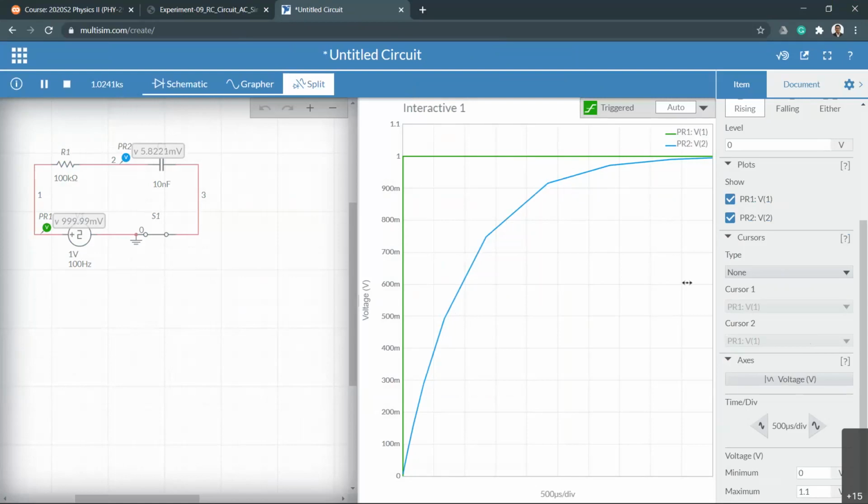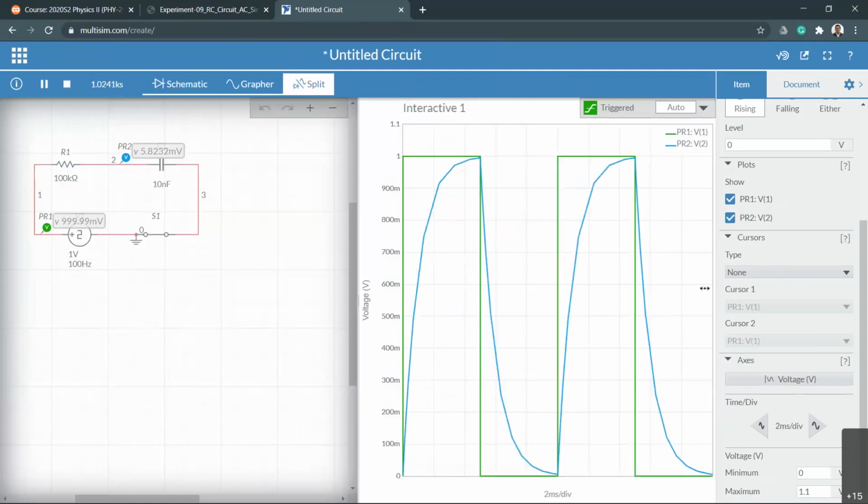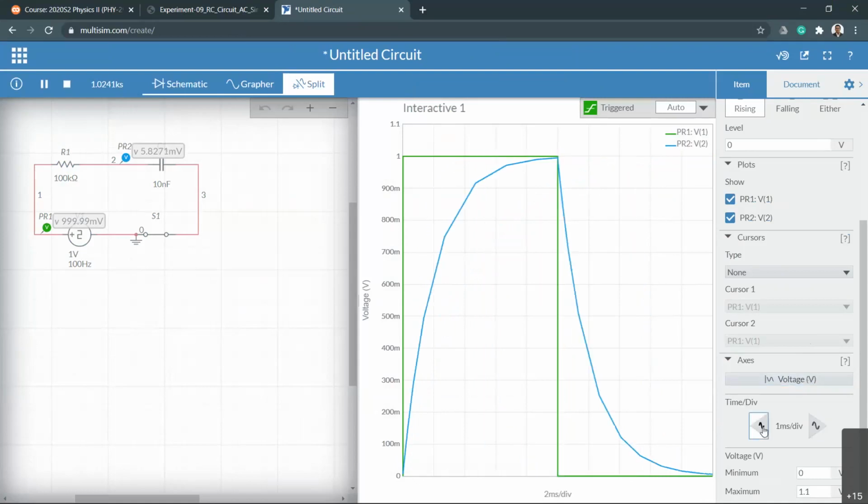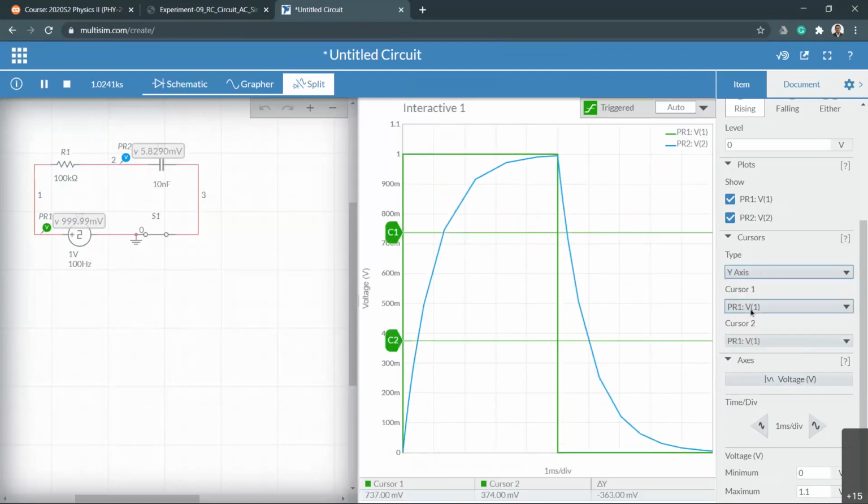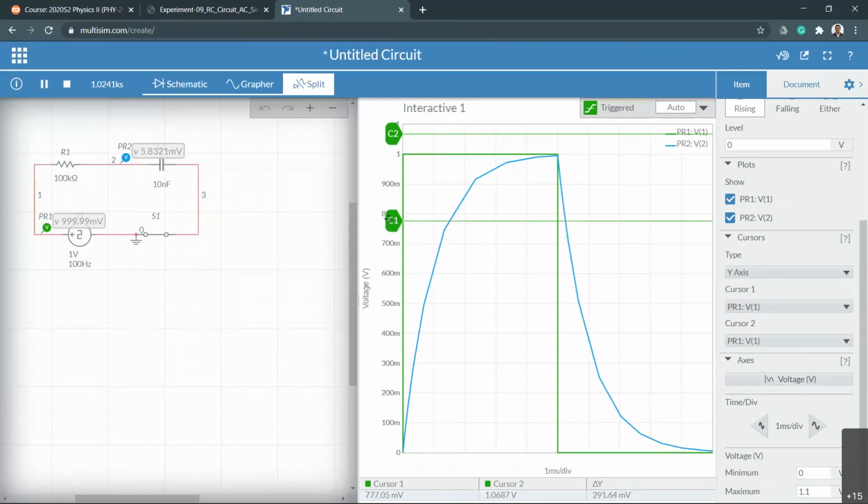So which means you can actually bring a cursor. You can bring the cursor for y-axis, and let's say I need only one cursor right now. I need the cursor at exactly 63 percentage. Now how to get the 63 percentage?